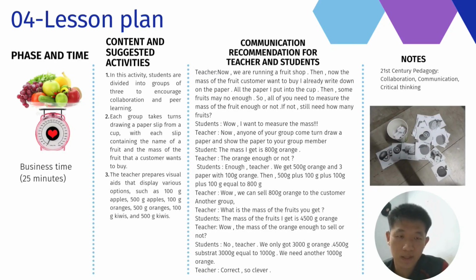Then we will start the second activity for this lesson, which is Fruit Shop time. In this activity, students are divided into groups of 3 to encourage collaboration and peer learning. Each group takes turns drawing a paper slip from a cup, with each slip containing the name of a fruit and the mass of fruit that a customer wants to buy.